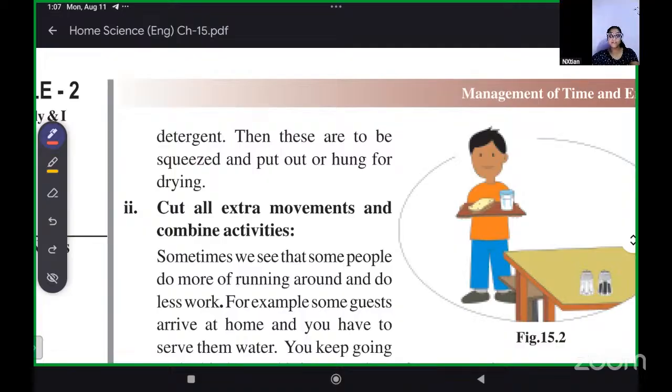Then we put them into the solution of soap or detergent. We leave it there. We rub the soiled areas, means the areas which are more dirty. Then we rinse them with fresh water two times. Then we squeeze them. Then we dry them. Then after drying, we iron them. So this is the whole process of maintenance of fabric or washing clothes, the entire process divided into small activities.